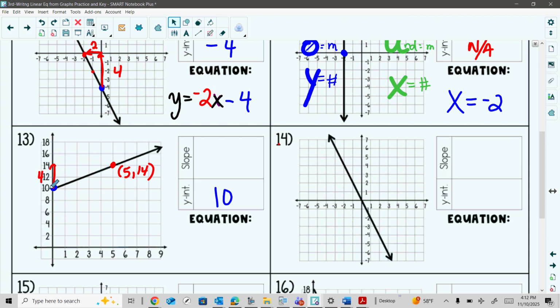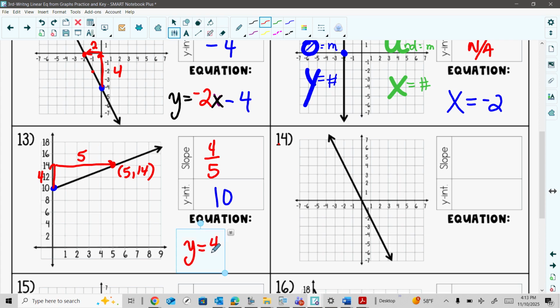You're not counting the lines. You got to watch the increment. These are increments of 2. And then my run, these are increments of 1. So this is a run of 5. So this slope is 4/5. And our equation would be y equals 4/5 x, then plus 10.